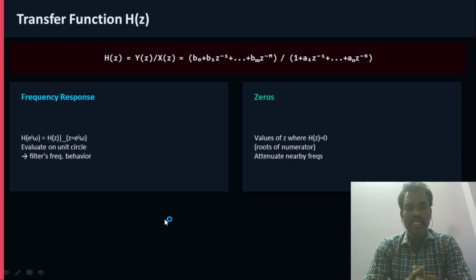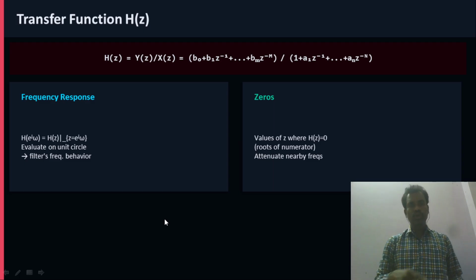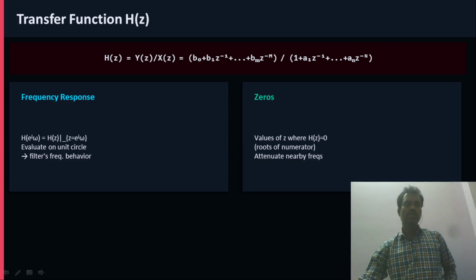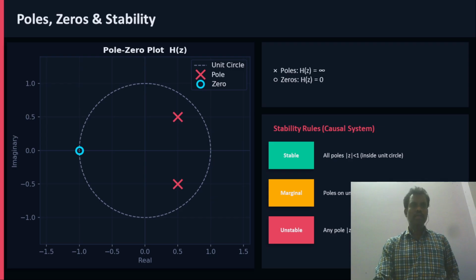In the discrete case, the unit circle is considered for the stability criterion. If all the poles lie within the unit circle, then it is stable. If at least one pole lies outside the unit circle, it is unstable. If poles are on the unit circle, it is marginally stable. So the roots of the denominator are very much essential to determine the stability of the system.